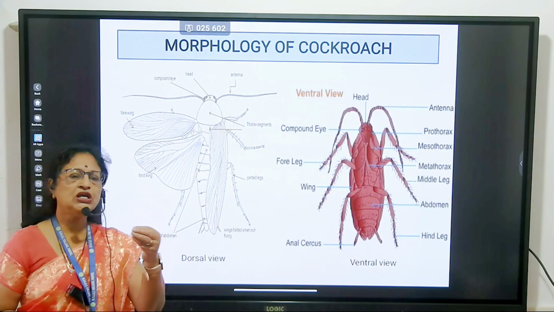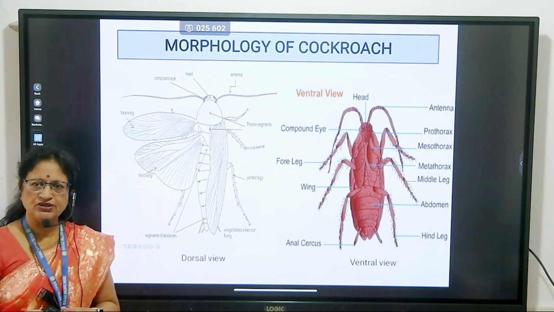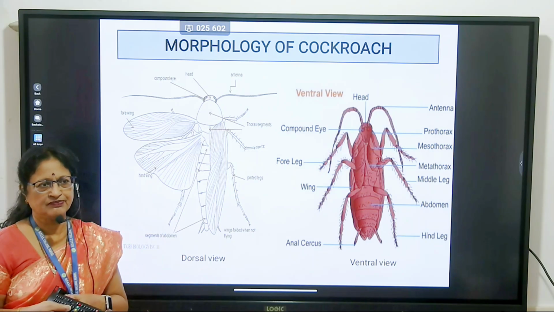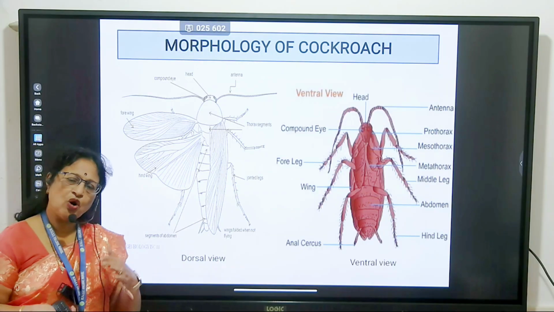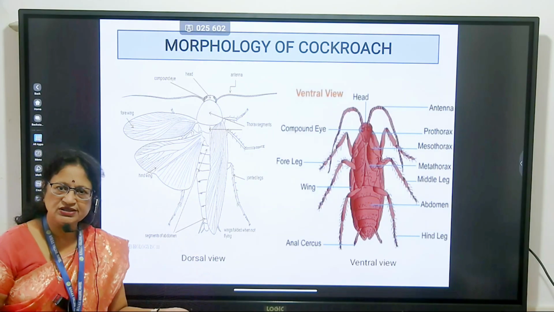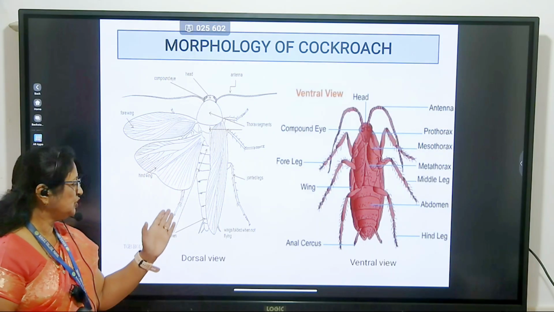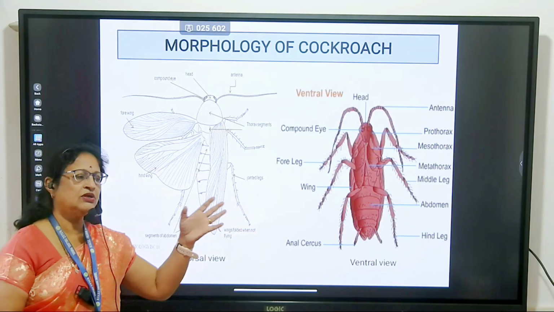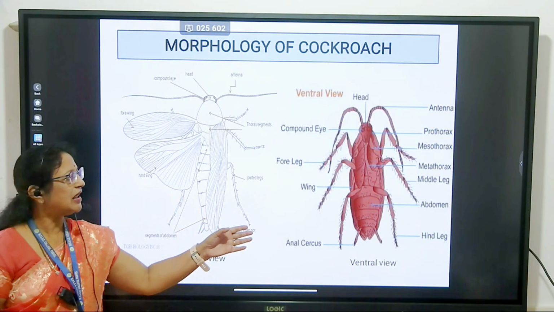Then the morphological structure of the cockroach. When we observe the cockroach from outside, we find two surfaces: the dorsal view and the ventral view. Whenever we observe the cockroach from the dorsal side, we see the structure shown in the first diagram, and when we observe it from the ventral side, the structure appears like this.